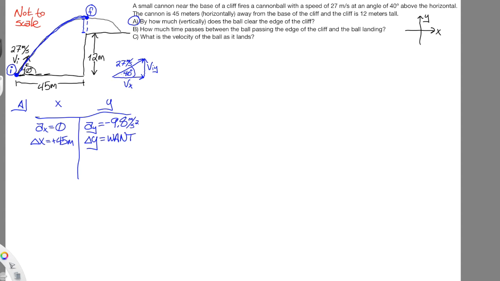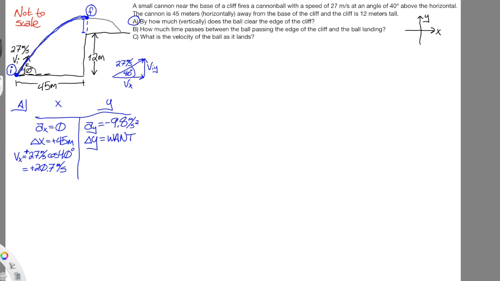So doing a little bit of SOHCAHTOA, we can find that our velocity in the x direction is going to be 27 meters per second, and we want the adjacent component, so that's times the cosine of 40 degrees. And this should be positive because v_x points to the right. So we get a v_x of positive 20.7 meters per second.